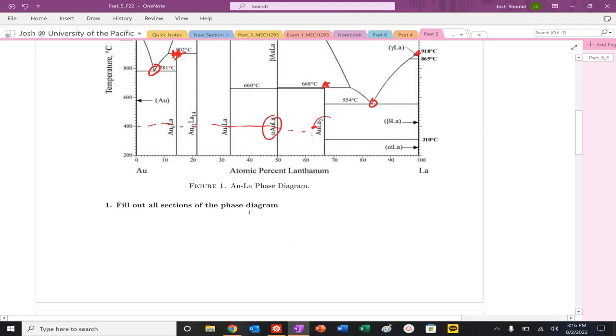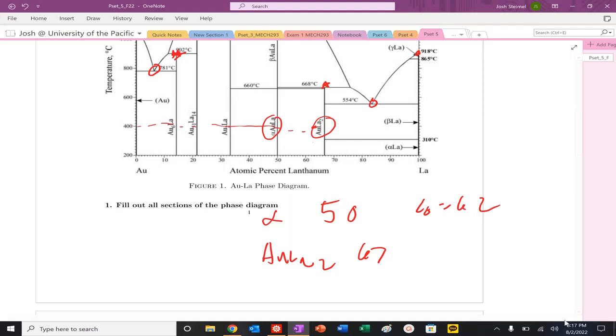It's going to be this phase, alpha, plus that phase here. I see that that is at 50. So my alpha, and then my AuLa2, you can find this out chemically. That's going to be about 1, 2, 3, 4, 5, 6, so almost 67 composition. And then my composition there is at 62. So my C naught is equal to 62. So those are my phases.